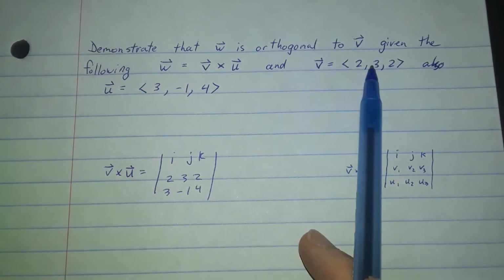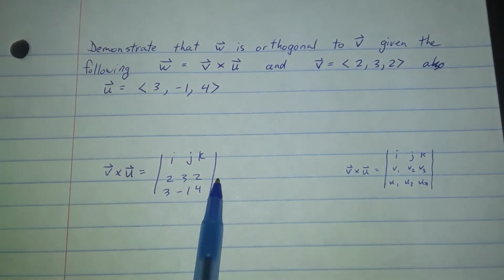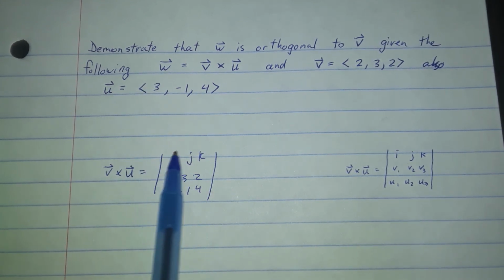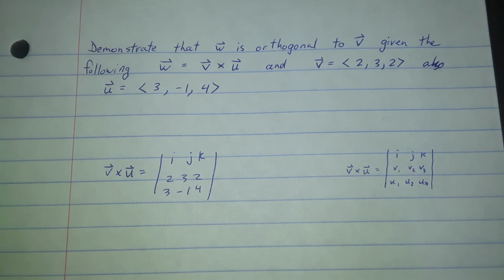So I've just taken this set of numbers and put it in for my second row, this set of numbers put it in for my third row, and I have the i, j, k as my first row. And now we need the determinant of this. And you're probably going to have to do this manually unless you use a bigger program besides your graphing calculator. So you might need a computer to do this. If not, you're going to have to do this by hand.